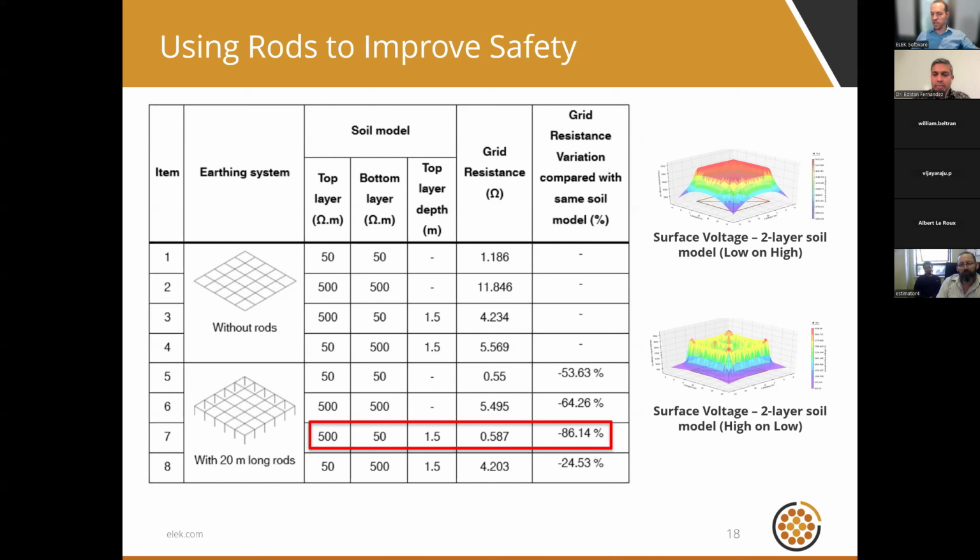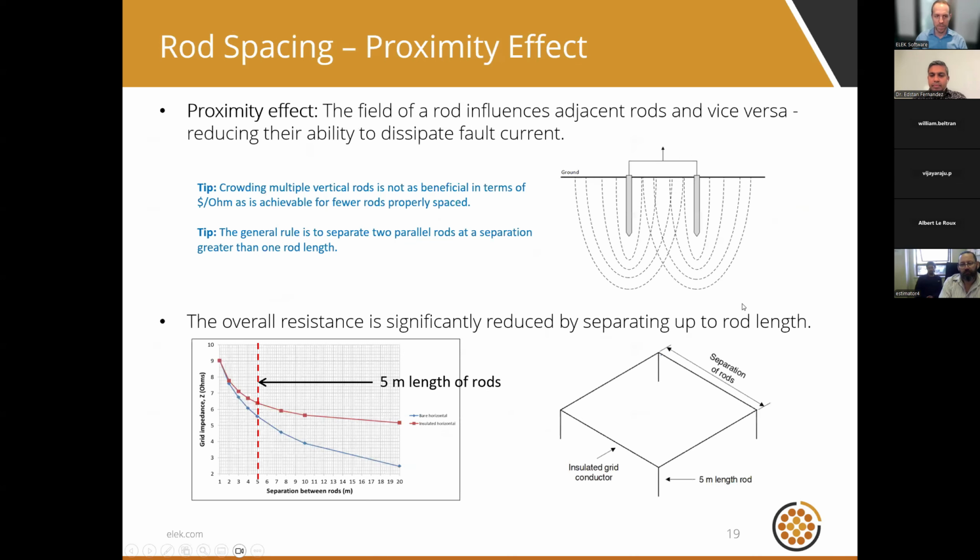That's a very different condition to the bottom profile, where you have high resistivity in the top soil layers and low on the bottom. The current wants to get down into the low resistivity soil layers, and you see very different ground surface voltage profiles. But we can take advantage of the soil resistivity with rods or counterpoise conductors.